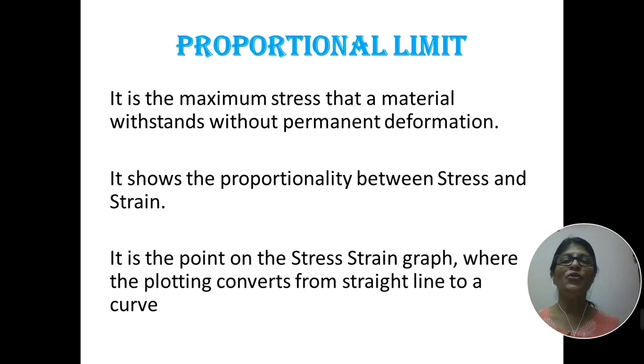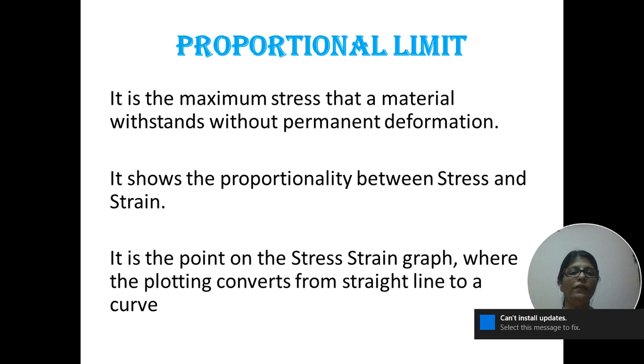Okay, so how will you define proportional limit? It is the maximum stress that a material withstands without permanent deformation. So stress and strain are proportional to each other. It shows the proportionality between stress and strain.